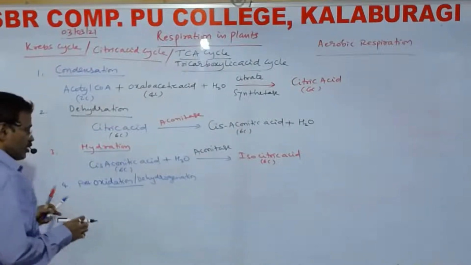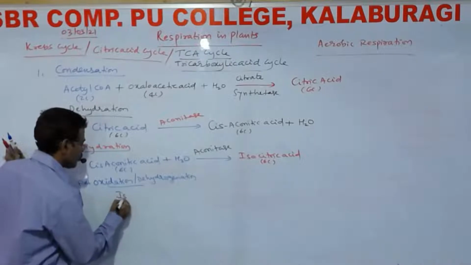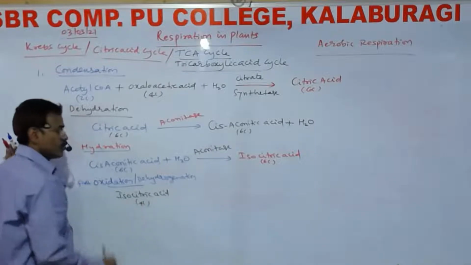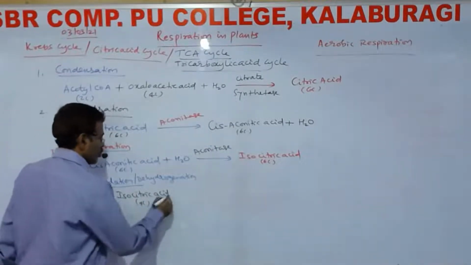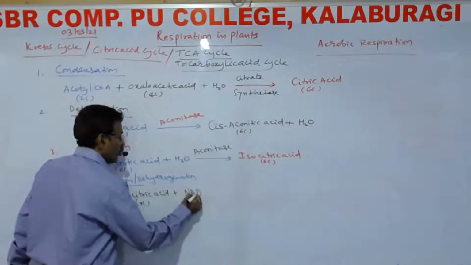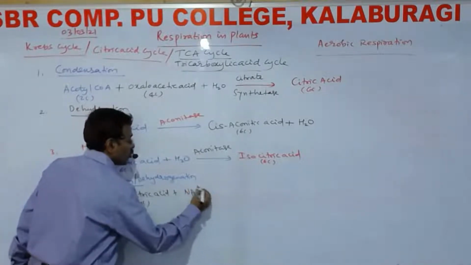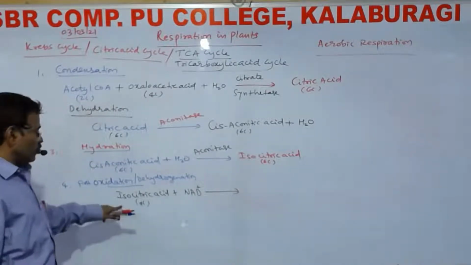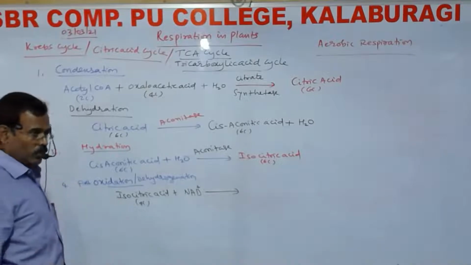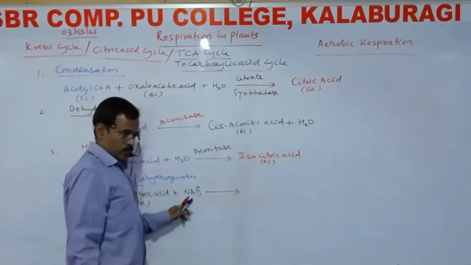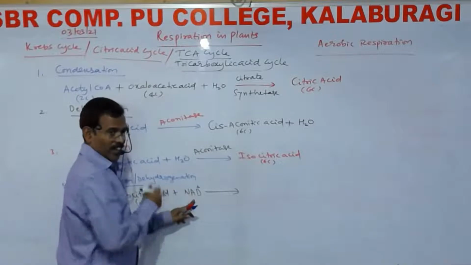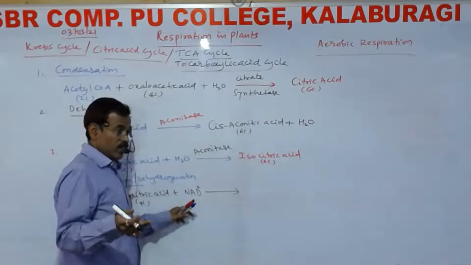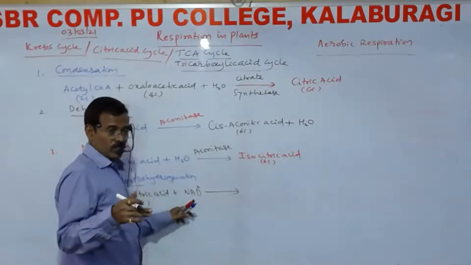First oxidation or first dehydrogenation, whatever you call it. So now fourth step, what happens here? Isocitric acid, 6 carbon, will undergo oxidation. When it undergoes oxidation, it is going to release hydrogen. These hydrogen are added to NAD+. So remember, whenever oxidation or dehydrogenation is there, there will be synthesis of either NADH2 or FADH2.